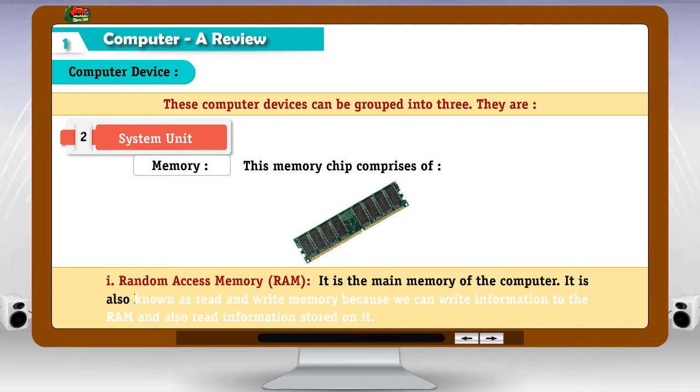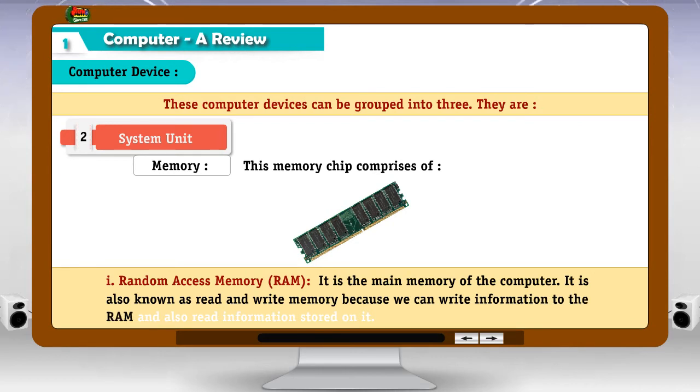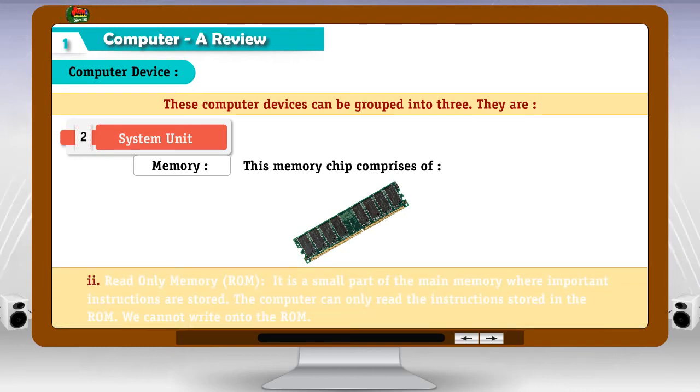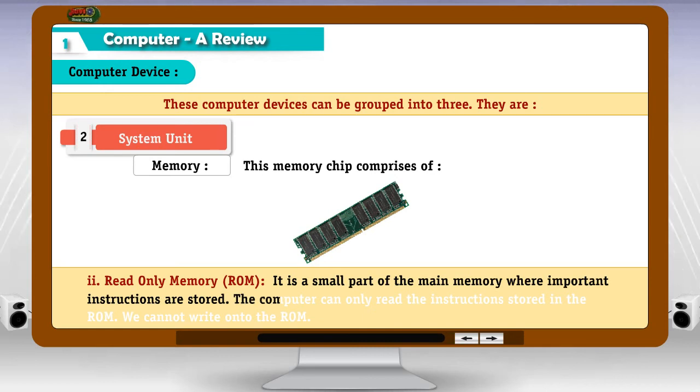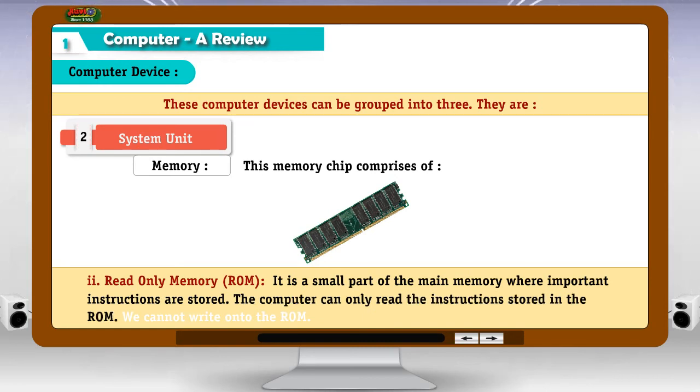It is also known as read and write memory because we can write information to the RAM and also read information stored on it. 2. Read-only memory ROM. It is a small part of the main memory where important instructions are stored. The computer can only read the instructions stored in the ROM. We cannot write onto the ROM.